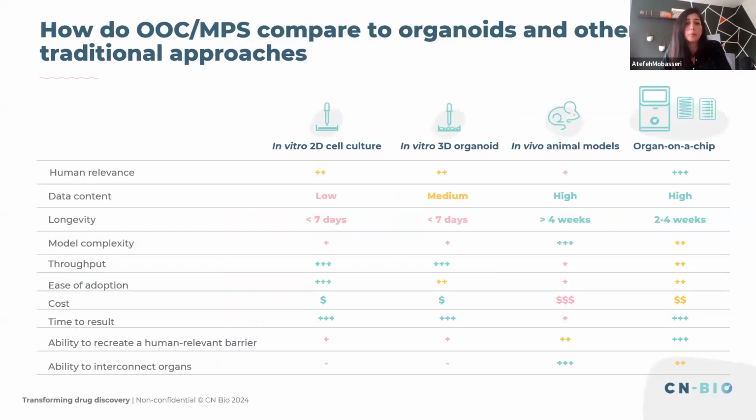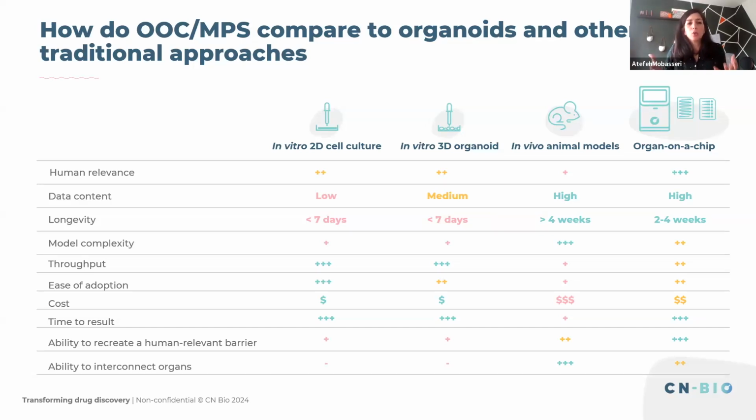So organ-on-a-chip technology comes in addition to other tools that we have. And all of these tools, in vitro tools, 2D, 3D models, animal models, have their own advantages and limitations.